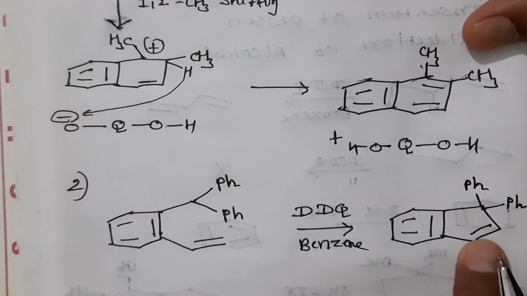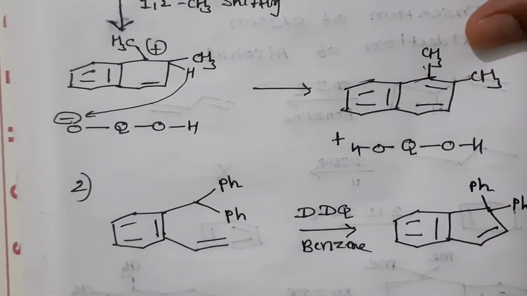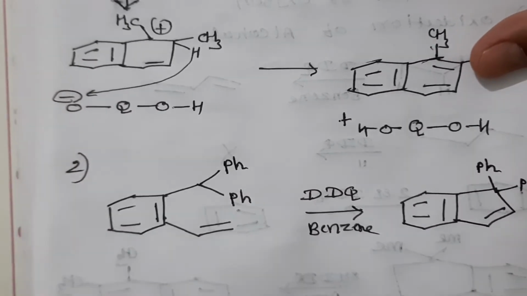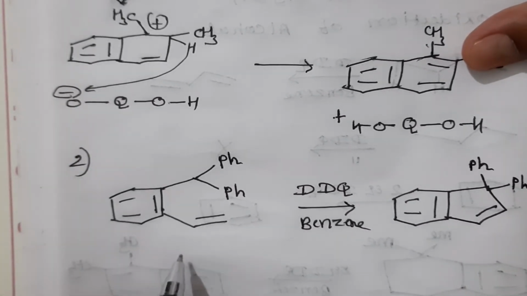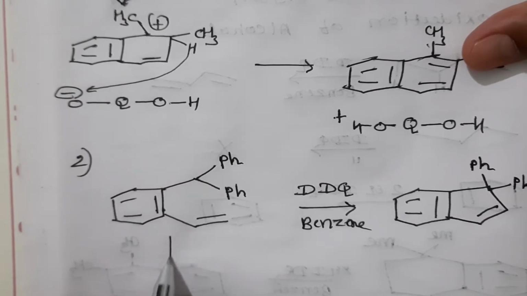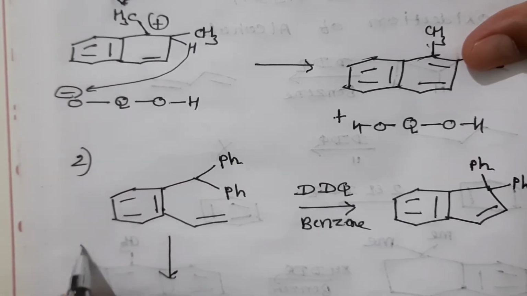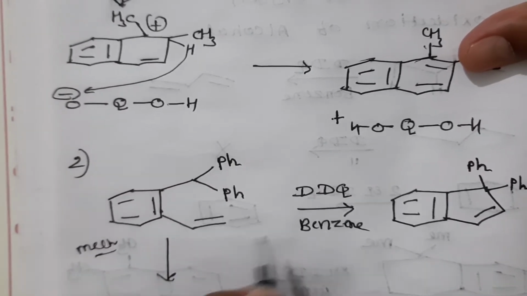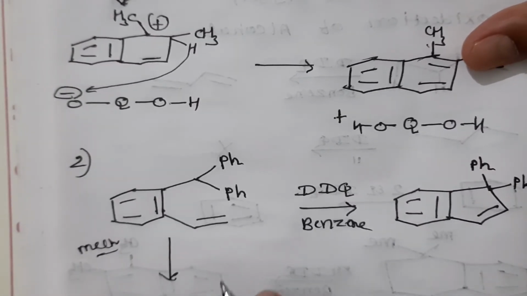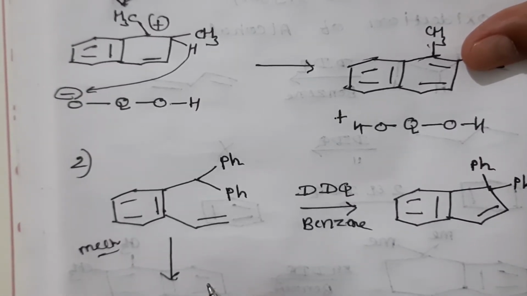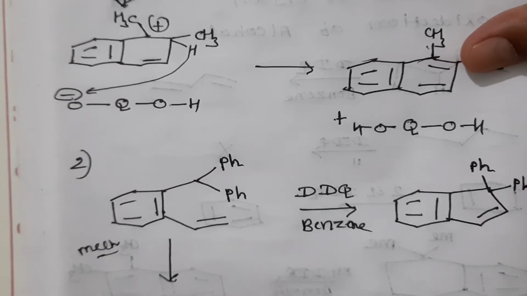So how do we get this type of product? We can understand with the help of the mechanism. So we can start from the mechanism part. How do we get this type of product? This is the second application of this reagent, dehydrogenative cyclization.